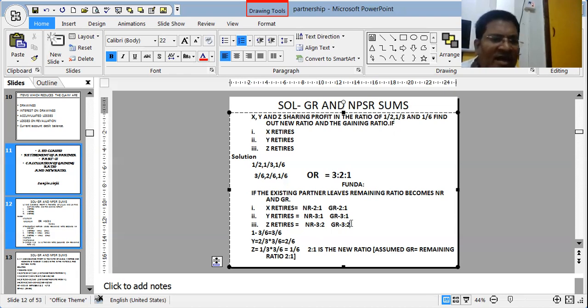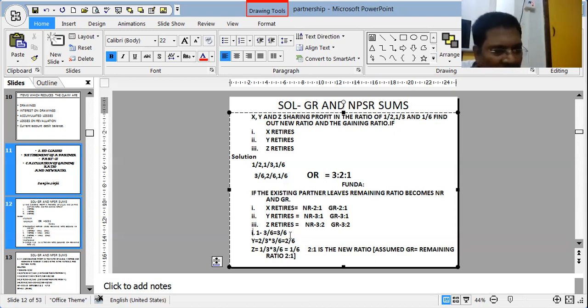There is one working I have shown for the sake of understanding why I say they will remain the same. Suppose the entire profit is 1, the entire cake is 1. X has retired. The total cake was 1, minus 3/6, because X's share was 3/6. So 3/6 is left.